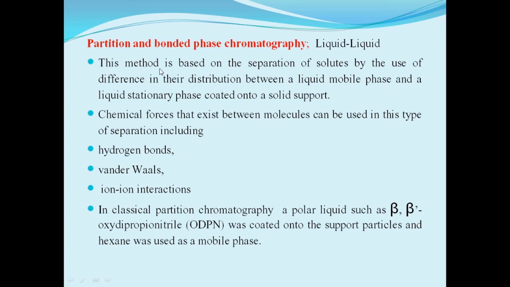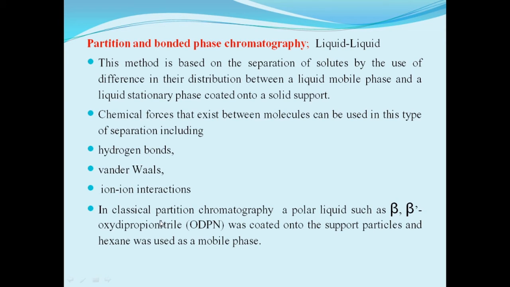This method is based on the separation of solutes by the use of differences in their distribution between a liquid mobile phase and a liquid stationary phase coated onto a solid support. Chemical forces that exist between molecules can be used in this type of separation, including hydrogen bonds, van der Waals forces, and ion-ion interactions.